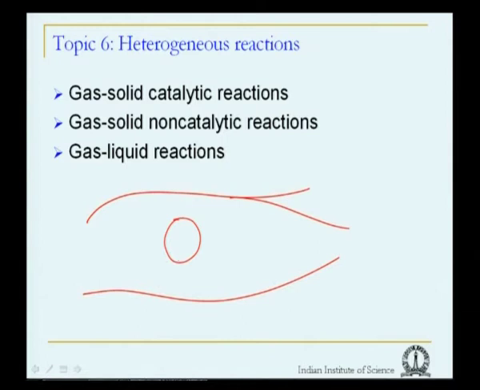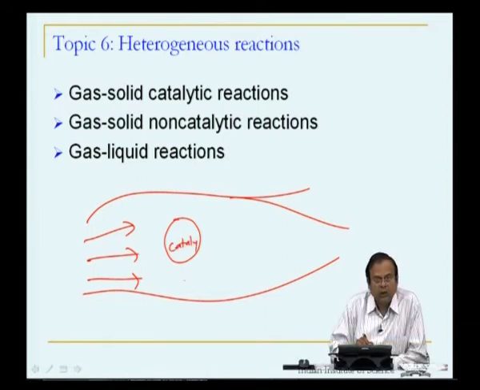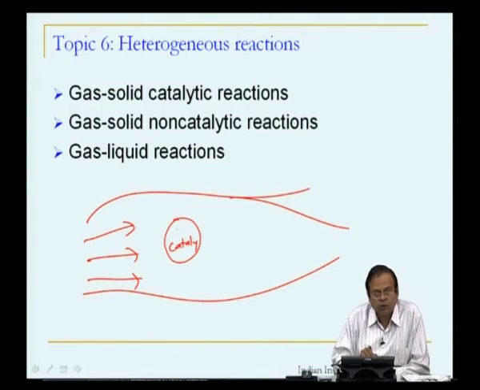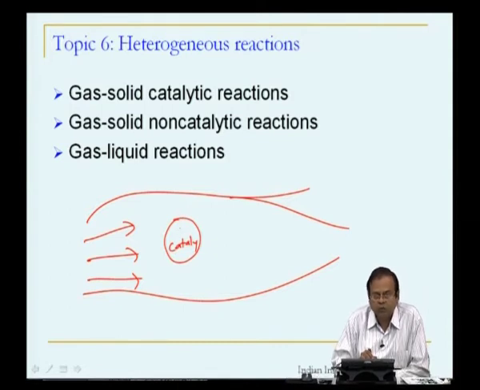So this is a gas which is flowing, this is my catalyst, and I am going to look at what happens to this gas as it tries to approach the catalyst. What are the transfer processes?